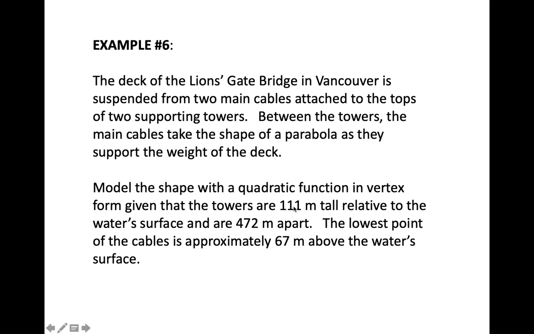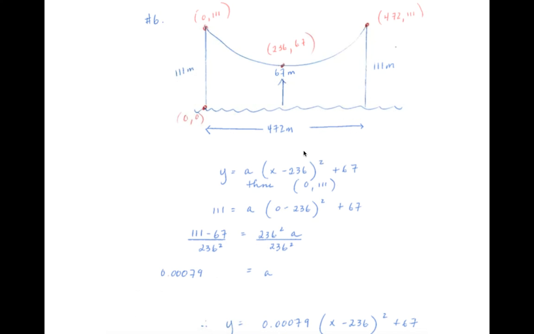Okay, so now we're going to try to draw a picture of this, labeling the things they're telling us. We know the towers are 111 meters tall. We know that the towers are 472 meters apart. And we know that the lowest point of the cables is approximately 67 meters above the water's surface. So what I've done is drawn a picture of that. And then once I had a picture, I decided, okay, what am I going to call the vertex?